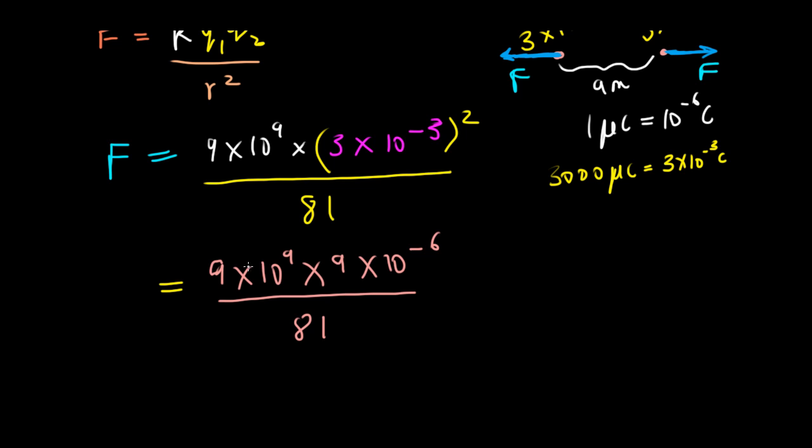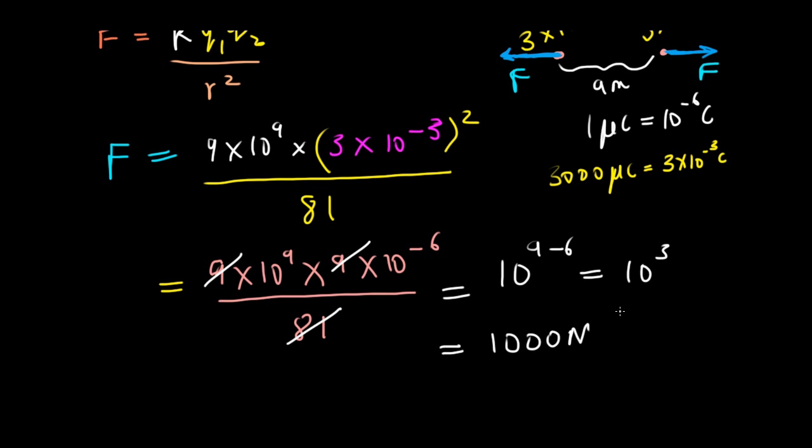Now you can see that 9 times 9 is 81, but we have an 81 in the denominator, so that cancels out. So the final answer comes out to be 10 to the power 9 times 10 to the power minus 6, which by exponential properties is 10 to the power 9 minus 6, which is equal to 10 to the power 3, which is undoubtedly 1000 newtons.